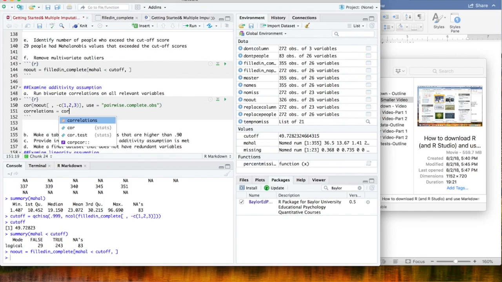And then correlations is going to be, and use power.